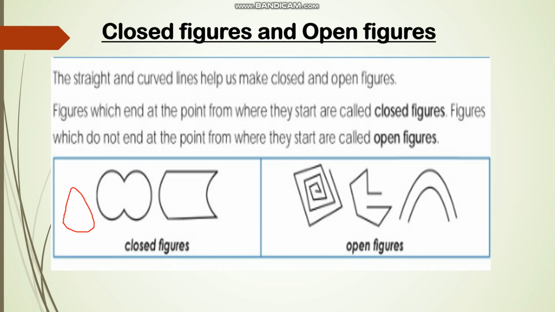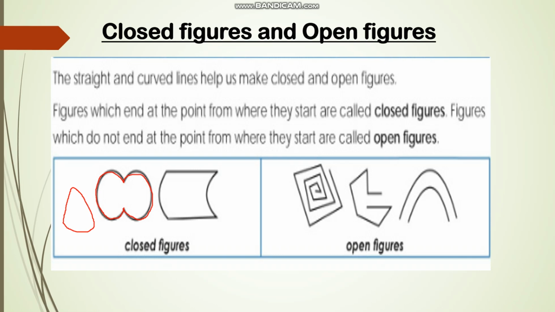So this one is also a closed figure, because if I am starting from this point, then it will be like this. We can draw this figure without taking the pen off. So this is a closed figure.